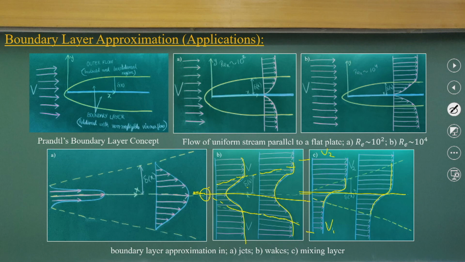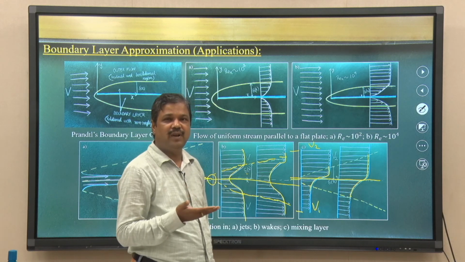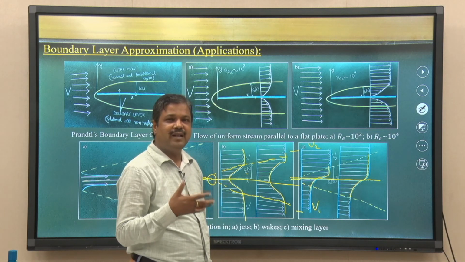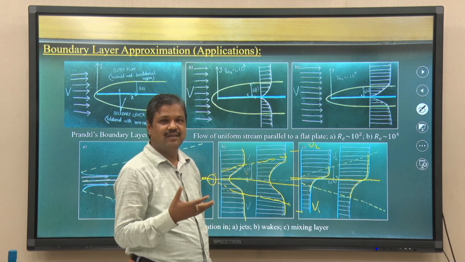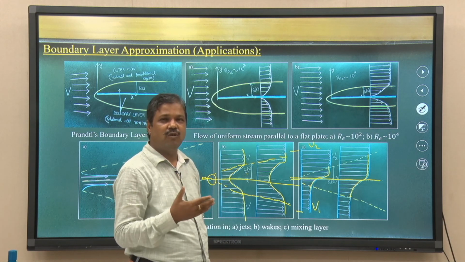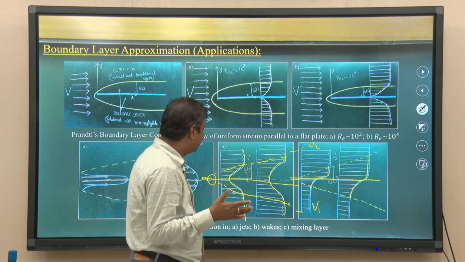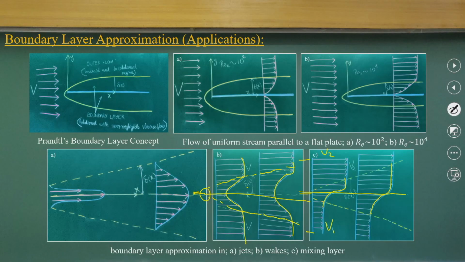This is the same as the boundary layer on a flat plate. So, the boundary layer approximation is a technique to solve the approximate Navier-Stokes equations, not only for flow past a flat plate but also for jet problems, wake problems, and mixing layer problems.